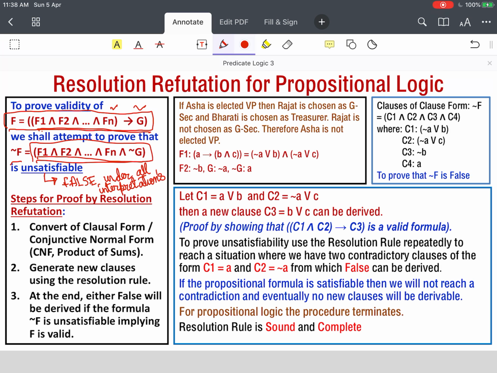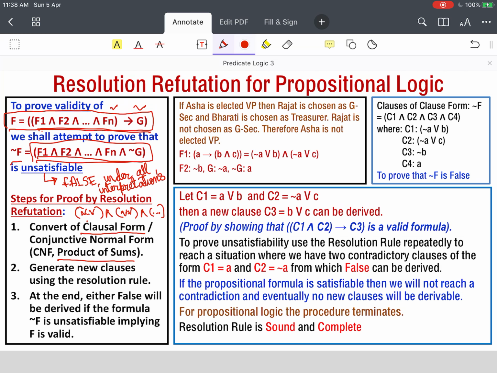Now we don't want to produce the truth table. So the resolution refutation steps are threefold. First, we will convert it into clausal form. Clausal form is a conjunctive normal form or a product of sums, which means that it will be of the form this and this and this, and each such term, which is called a clause, will be of only OR terms.